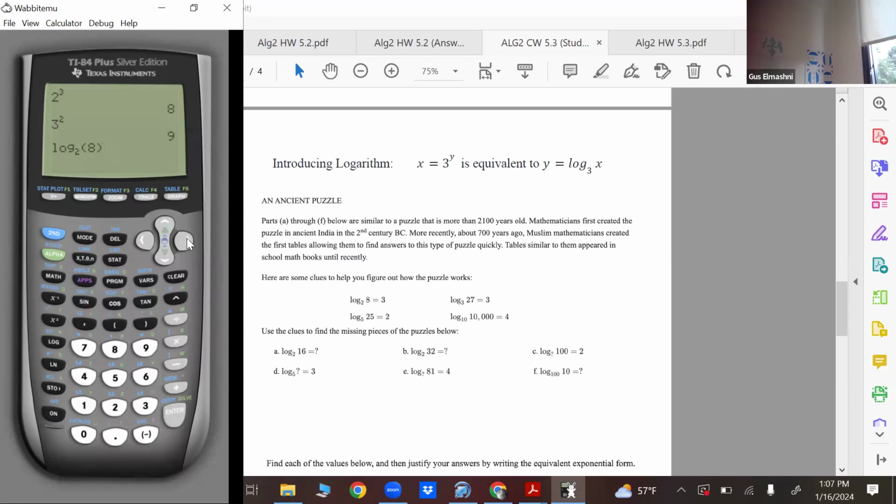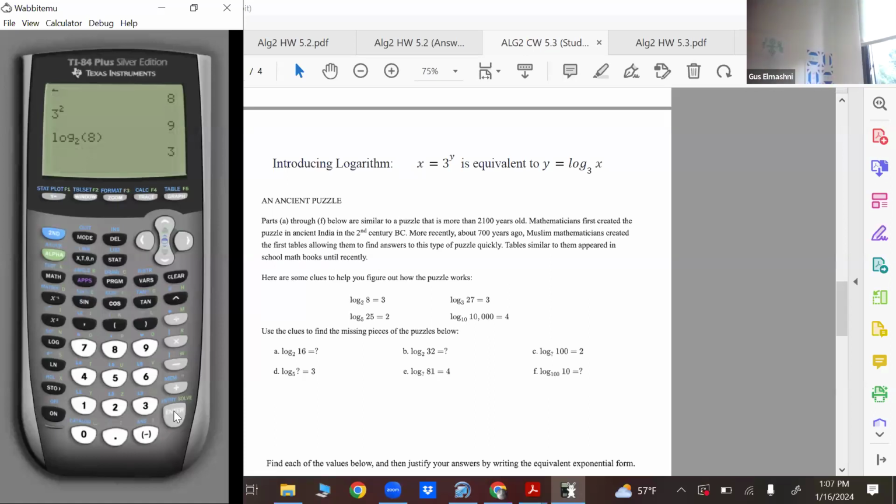It was 8, right? So now that's going to be the input. So when I do this, it's like saying this: this raised to that power equals that number. So if you undo it, it becomes this. These are interchangeable. They're the same thing, just another way of writing. It will take some time to get the hang of it. But if I hit enter, I'm going to get 3.